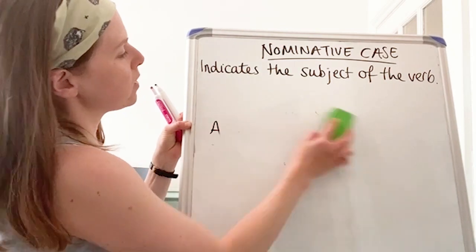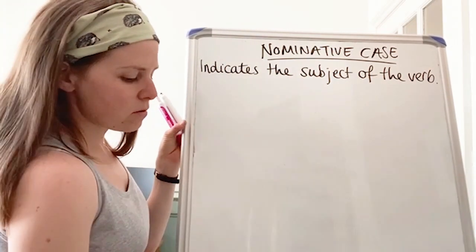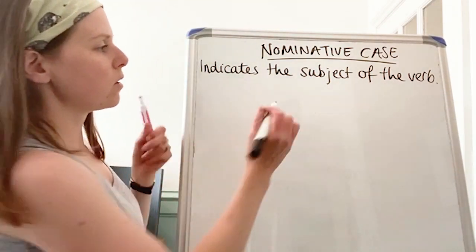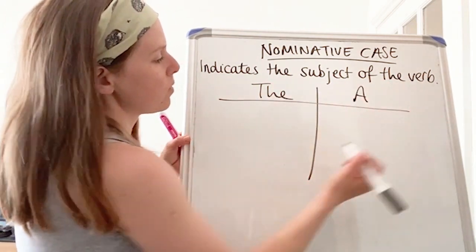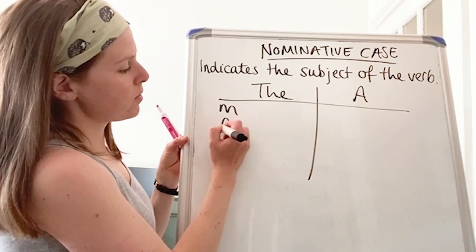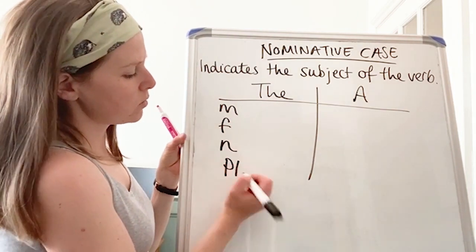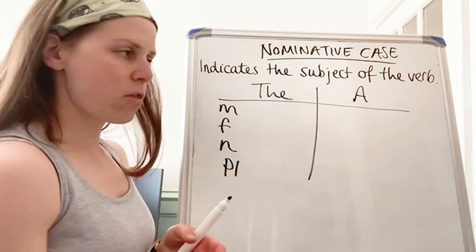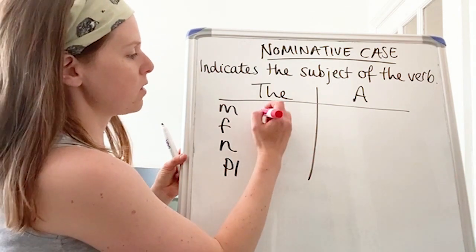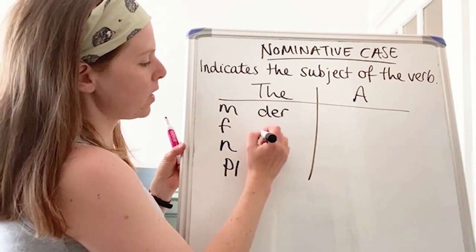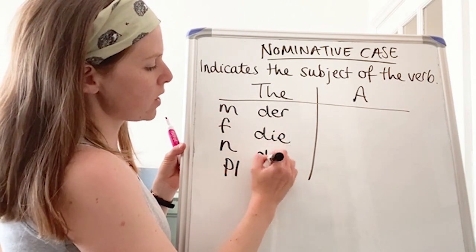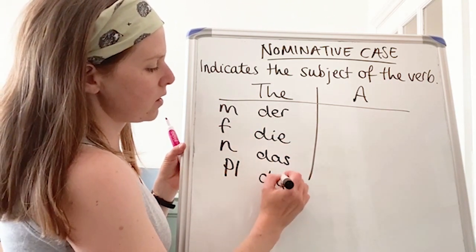So you might be able to do this already, but if you have 2 columns, one with the and one with a, and then we remember that we have masculine, feminine, neuter, and plural, the German words for the in the nominative are, we have der, we have die, we have das, we have die.